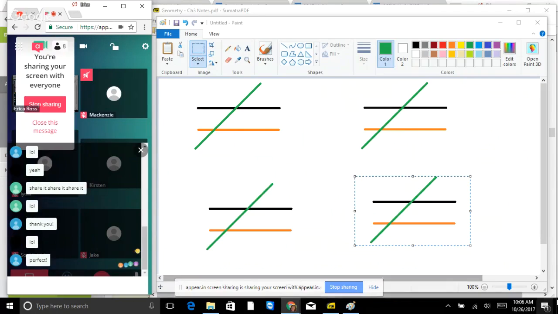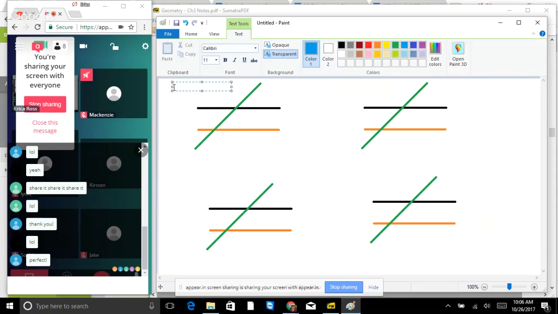Okay, so review time. All right. So first we're going to talk about corresponding angles. Okay, so this first one is going to have everything to do with, if I spell it right, corresponding angles. Not angels, angles.